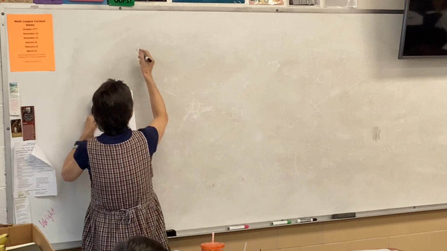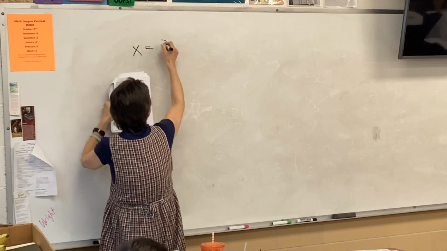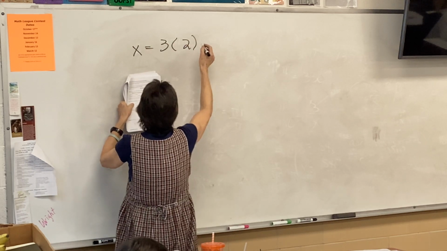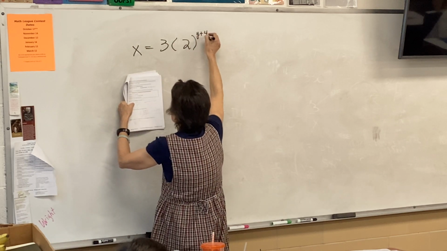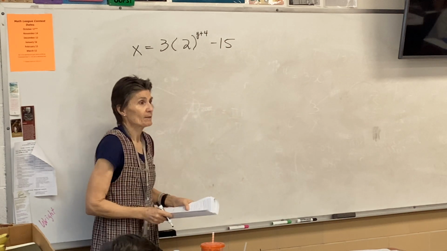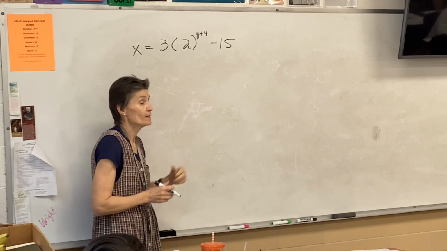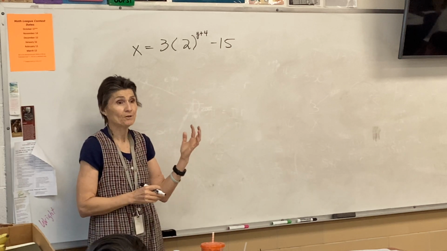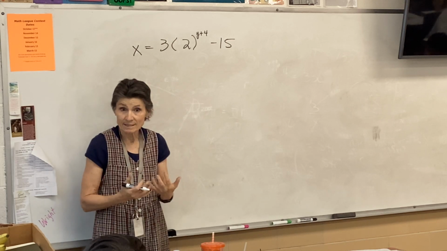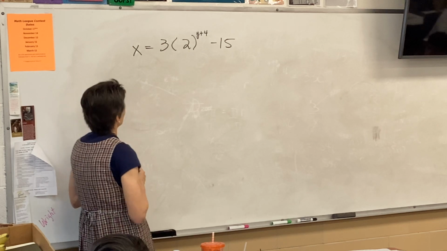So the original problem is y equals, so I'm going to change it to this. All right, is that okay with everybody? My variables are switched. Now, I can do whatever I need to do to get y by itself, right? So what do you think might be a good way to begin?